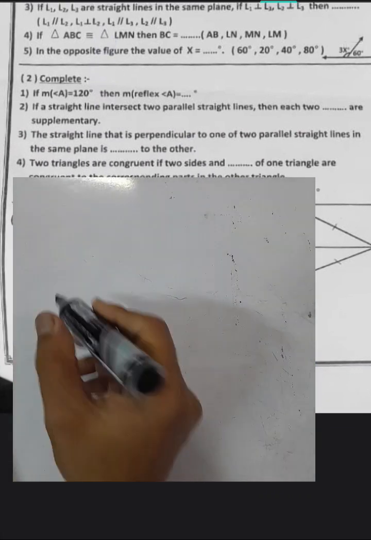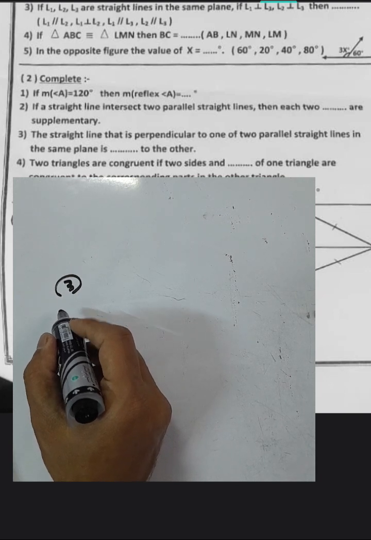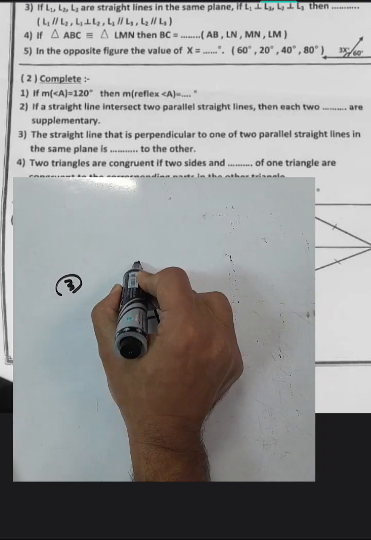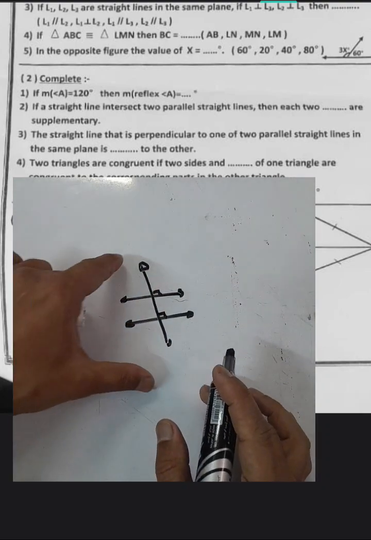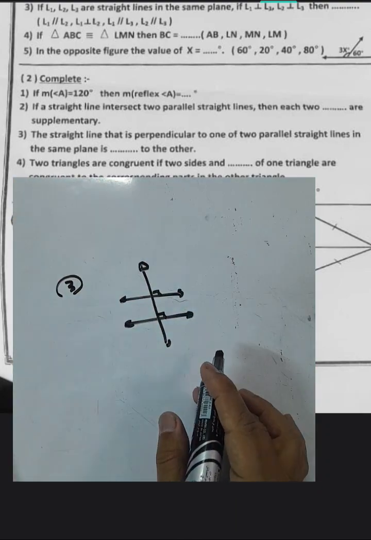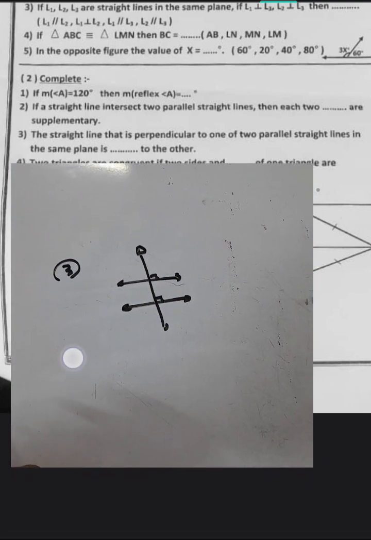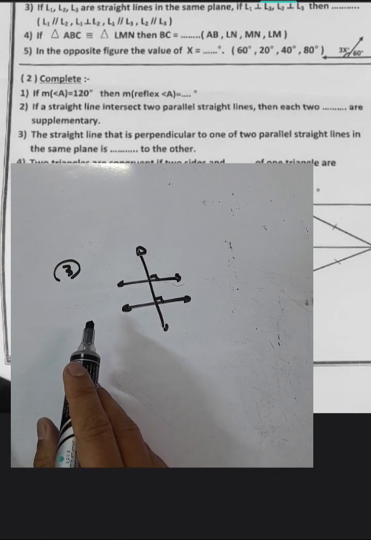Question number 3. A straight line that is perpendicular to one of two parallel straight lines in the same plane is perpendicular to the other. If we have two parallel straight lines here, and we have a straight line perpendicular to one of them, then the straight line will be perpendicular to the second straight line. Again, a straight line perpendicular to one of two parallel straight lines in the same plane is perpendicular to the other.